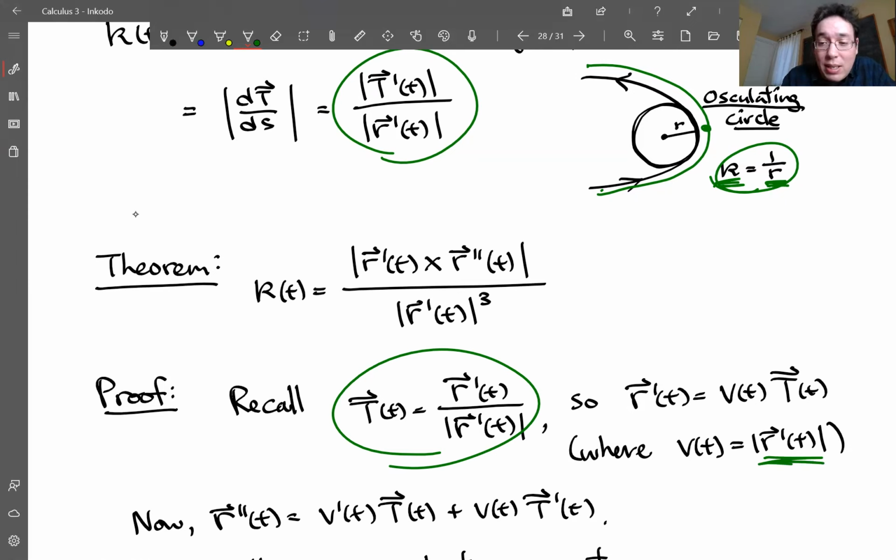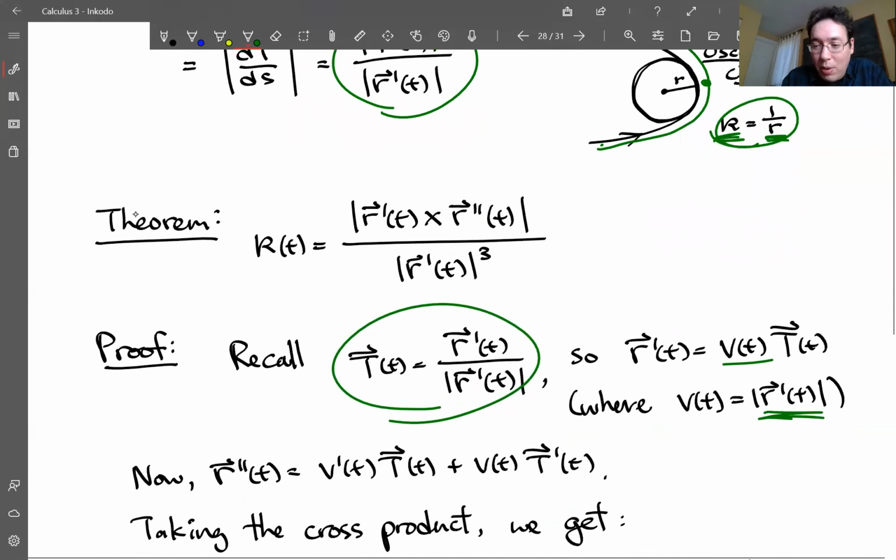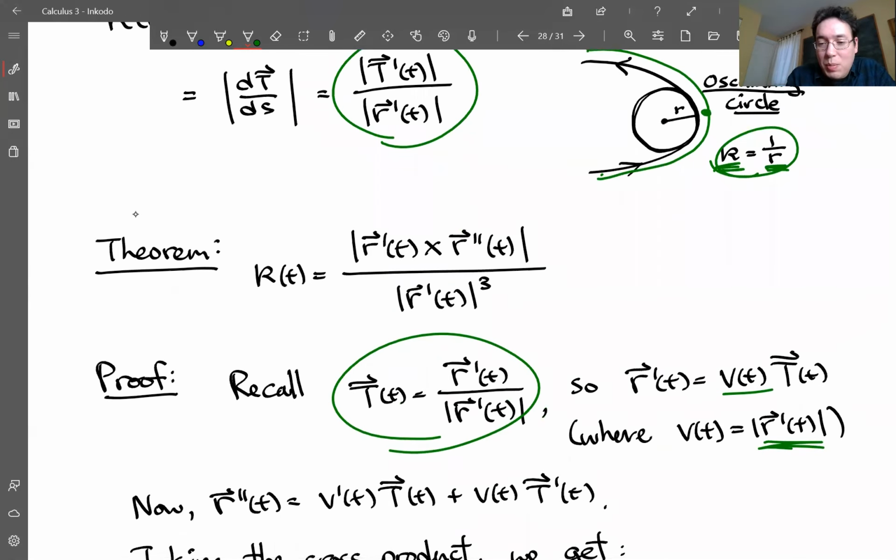So this is a speed with a scalar function v. I'm going to replace it here, and then I'm going to replace it back later. But it's going to save me a lot of writing to do that. So this means that the unit tangent is r prime divided by the function v.